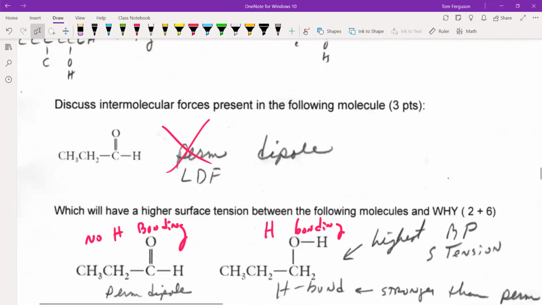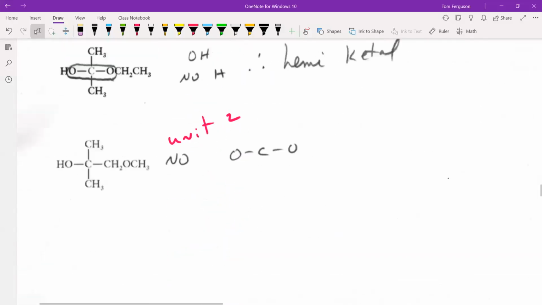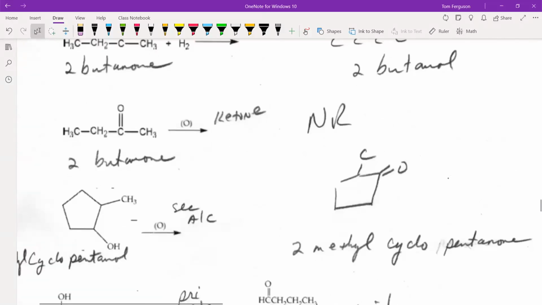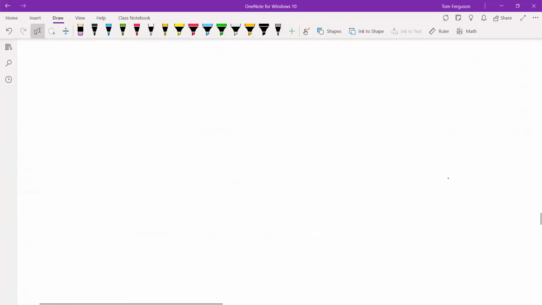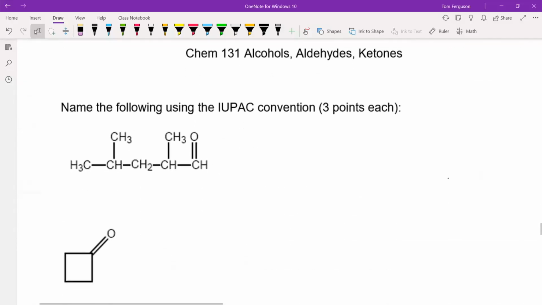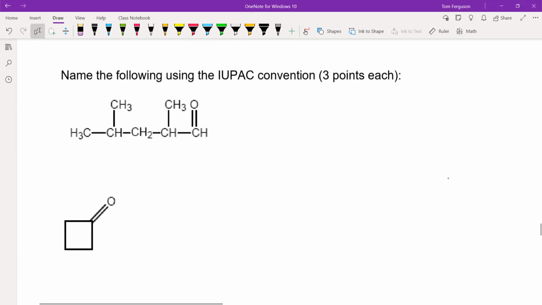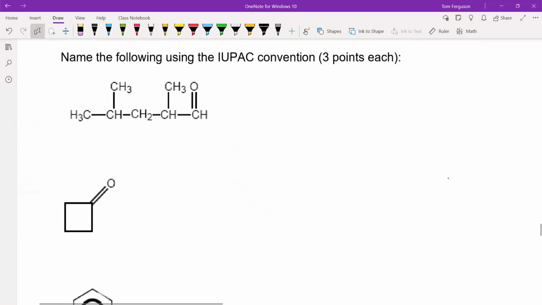There's a lot of Unit 2 stuff on here. This is one that says alcohol, aldehydes, ketone review. And this has no answers in it, so let's add answers.